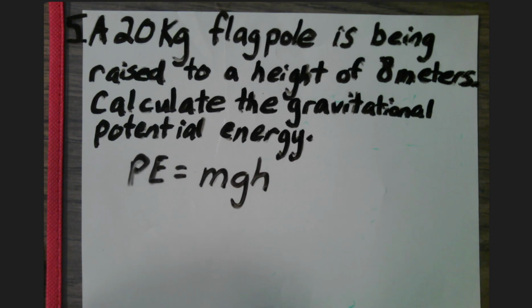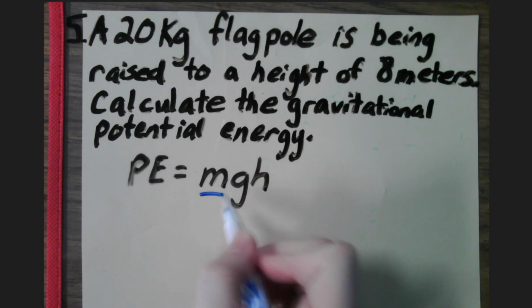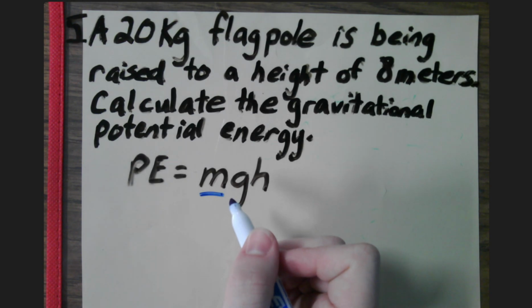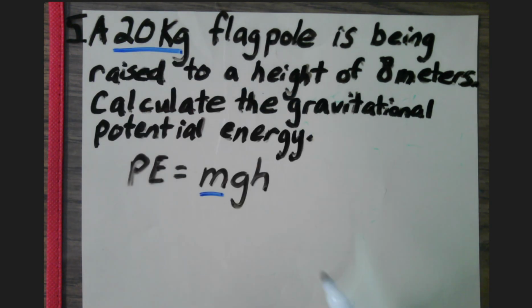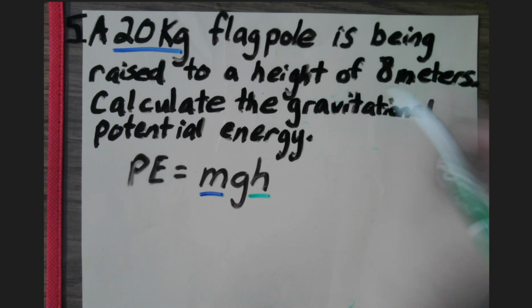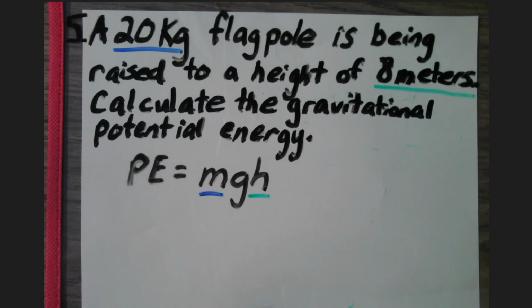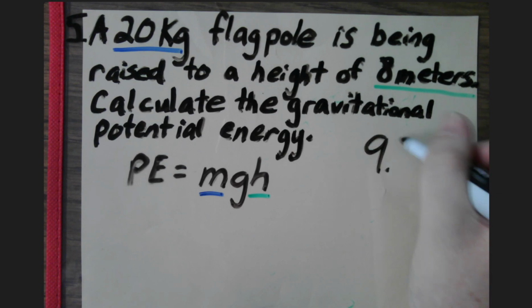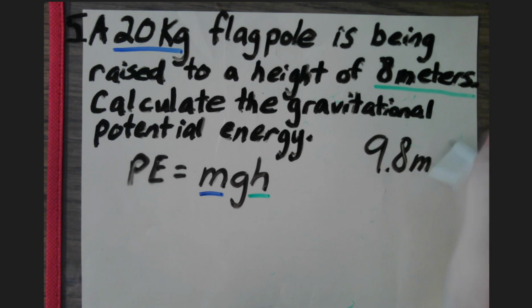So our mass is in blue. Our mass in our problem is 20 kilograms. Our height, which is green, is 8 meters. And our gravity, for every gravitational potential energy problem, is going to be 9.8 meters per second squared.